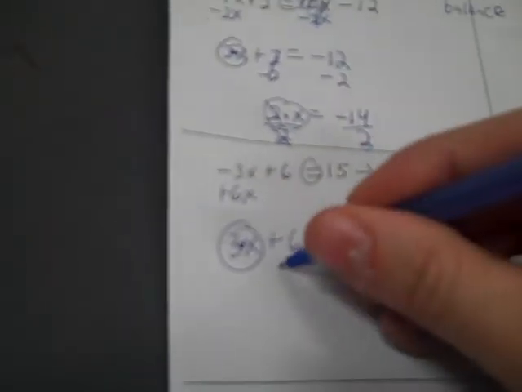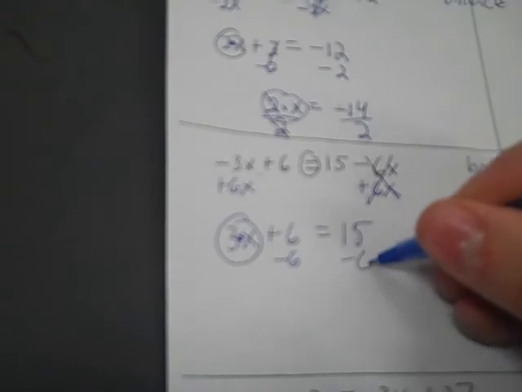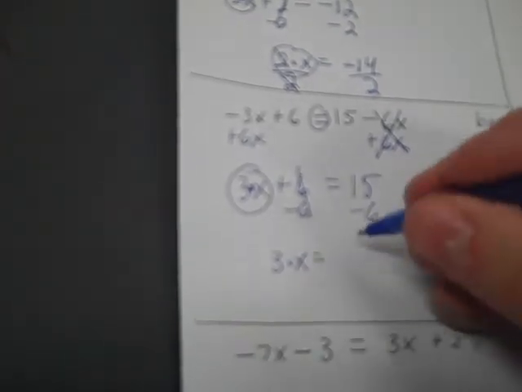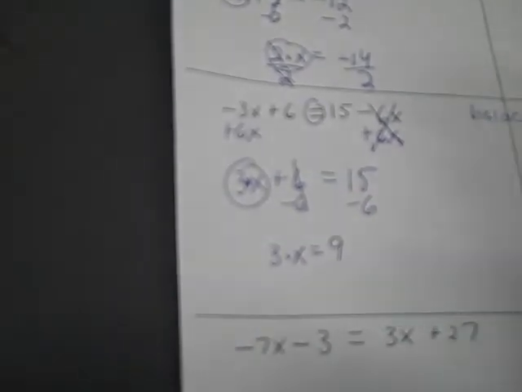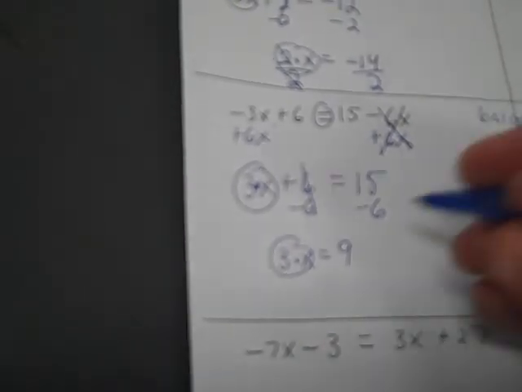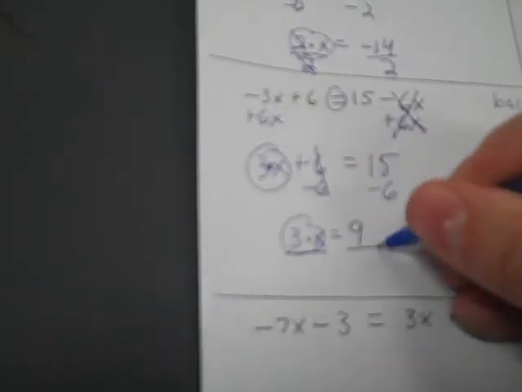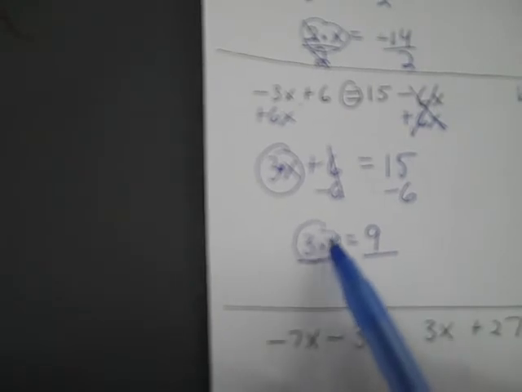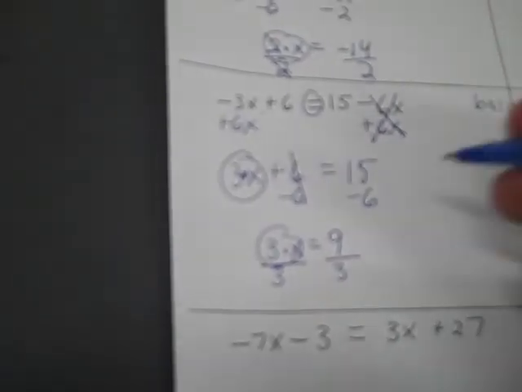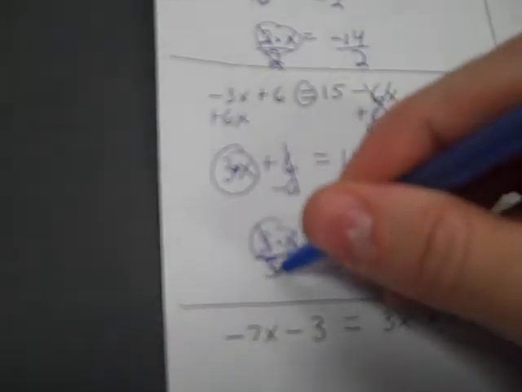We have a 6 being added, so we subtract 6. 6 minus 6 is 0. 3 times x. 15 minus 6 is 9. Now it is time to do the opposite of multiplication, which is to divide. Okay, x is being multiplied by 3, so 3 is what I use to divide both sides by, not the 9. And then 9 divided by 3 is 3.